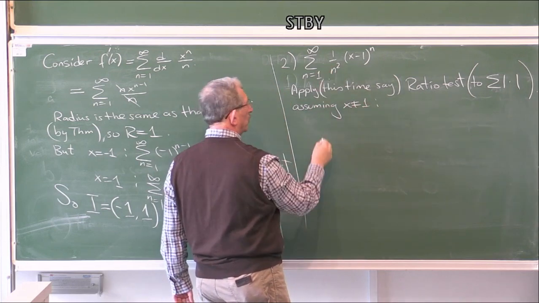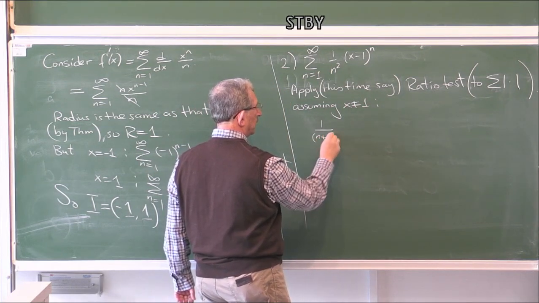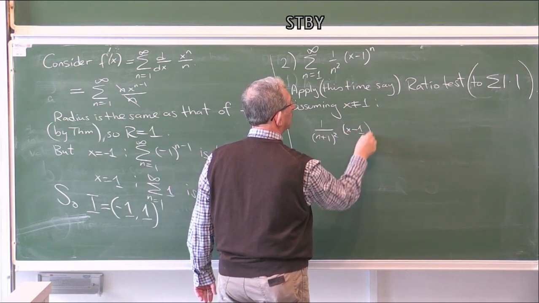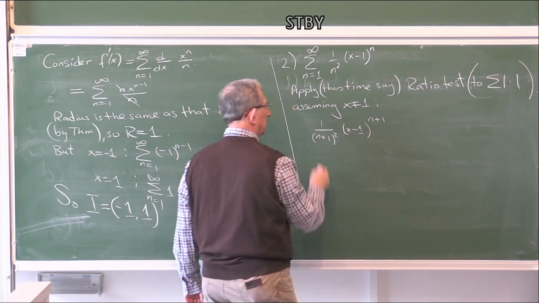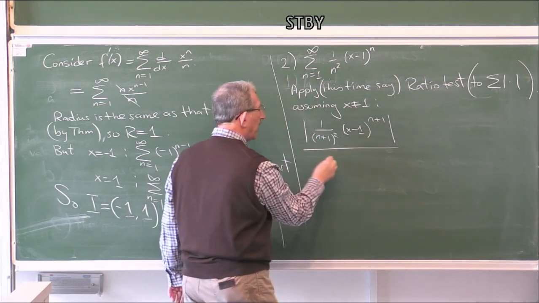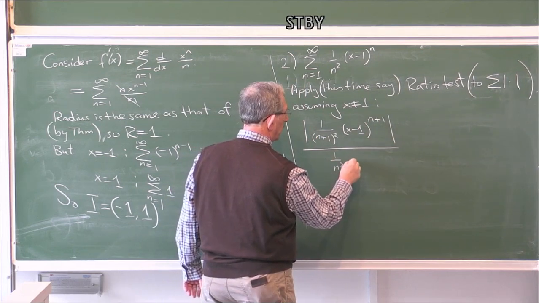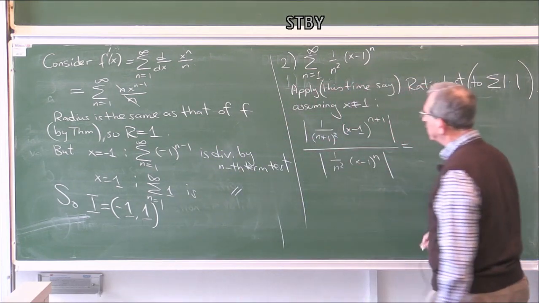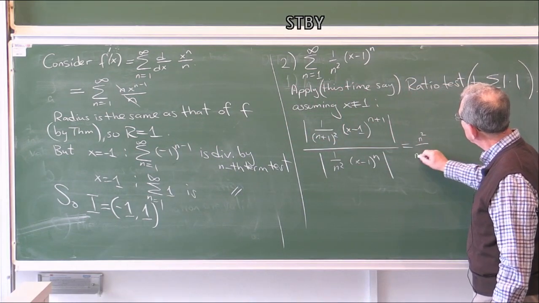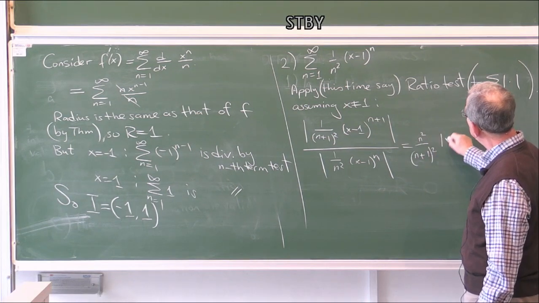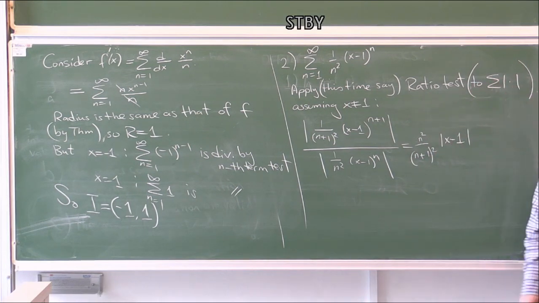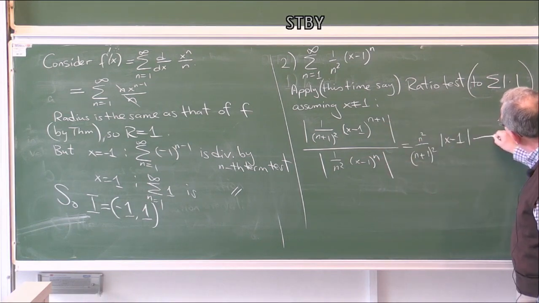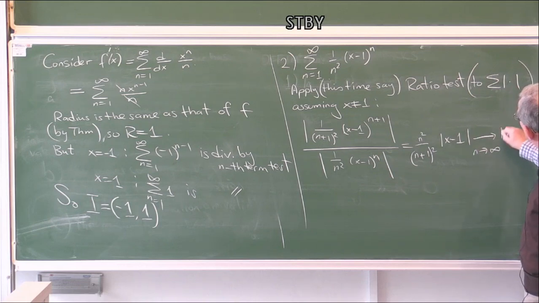We have then the ratio 1 over n plus 1 squared, x minus 1 to the n plus 1 in absolute value divided by 1 over n squared, x minus 1 to the n in absolute value. Well, that is exactly n squared over n plus 1 squared times absolute value of x minus 1. Now, in the ratio test, you look at the ratio and let n go to infinity, so we get absolute value of x minus 1.